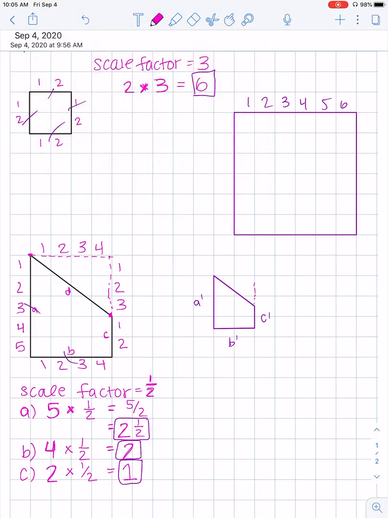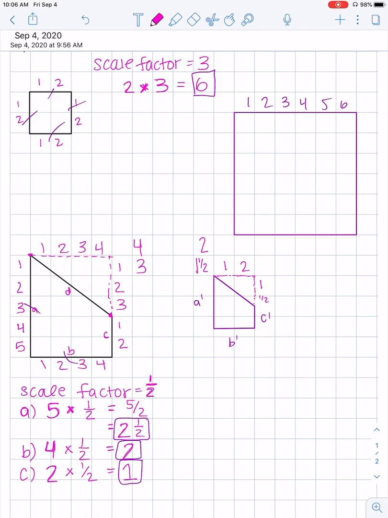So to do that, we're going to put that part that's missing still, just like before, and we're going to number it. 1, 2, 1.5. Okay, so we have 4 on our original, 2 on our hopefully scaled copy, 3 on our original, and 1.5 on our new copy.